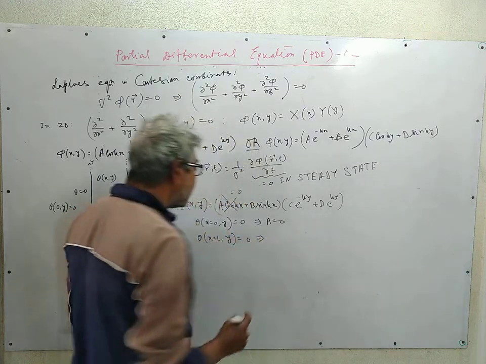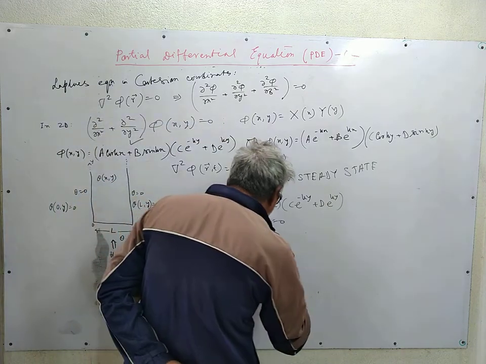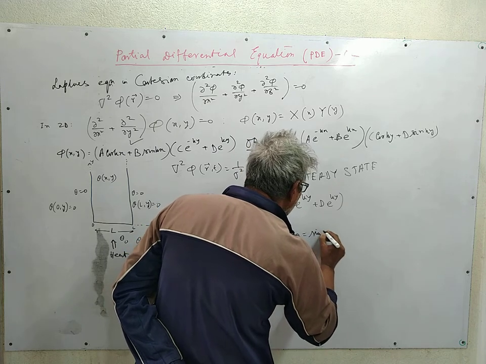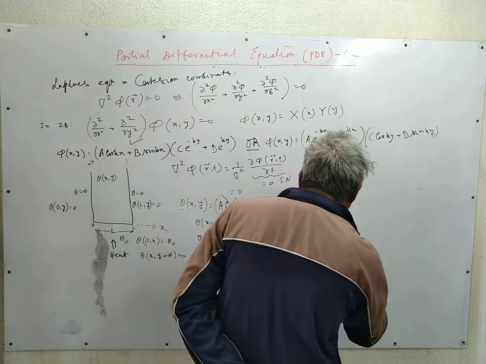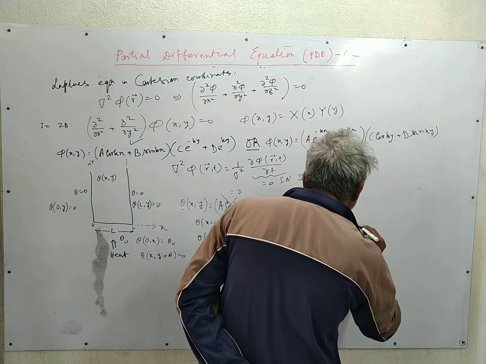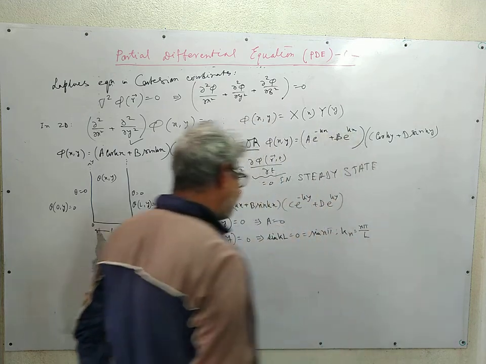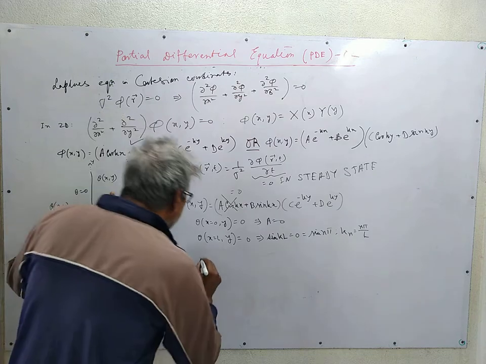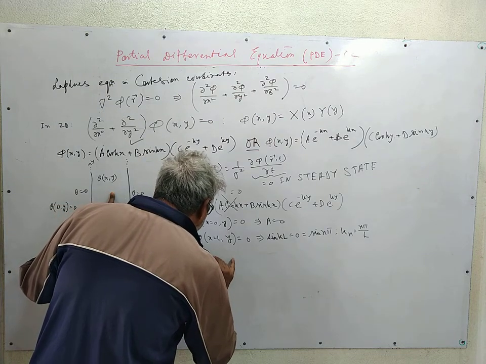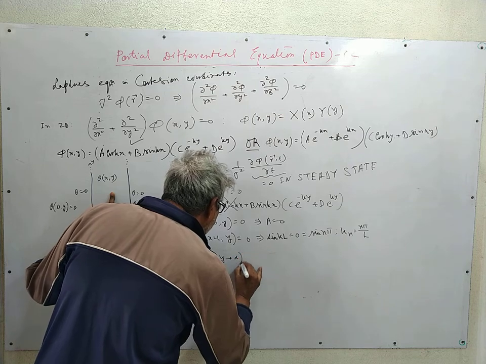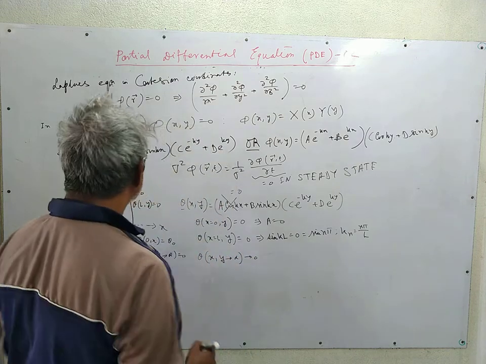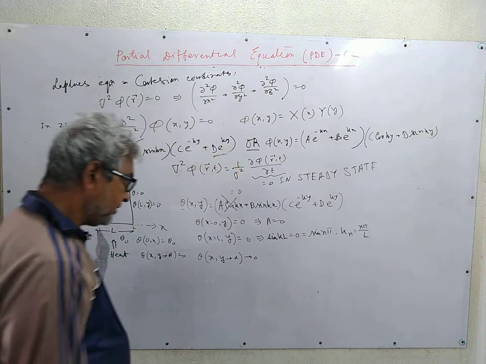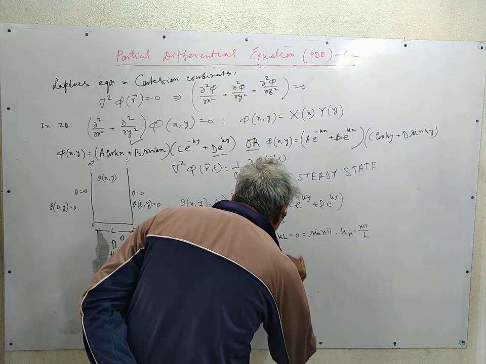This gives, for a non-trivial solution, sine KL equal to 0, equal to sine of n pi, which gives the discrete values K_n equal to n pi by L. Now the condition that theta at any x, as y tends to infinity, goes to 0 means that this part has to be 0, otherwise it has an exponential divergence, which indicates that d is equal to 0.